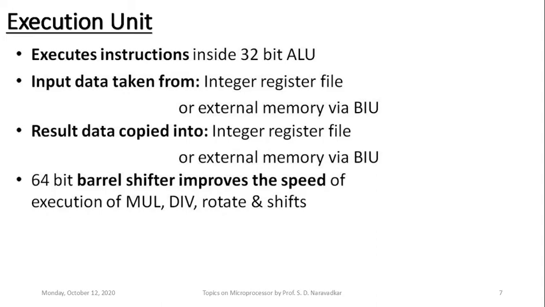A normal shift register can perform shifting by 1 bit in one clock, but a barrel shifter can perform multiple bit shifting in a single clock. That way it can certainly improve the speed of execution, like multiplication, division, rotate or shift, where shifting of bits is required here and there.